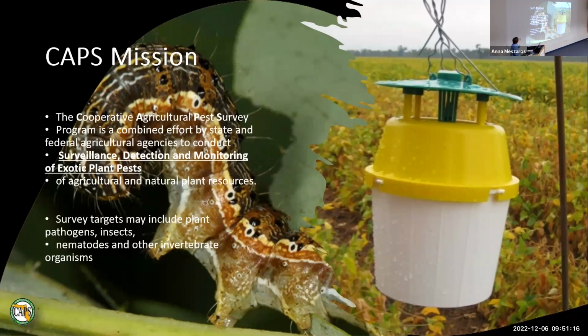Okay, CAPS mission, CAPS is a program that works in collaboration with the federal agency. So we have budget from the state and from the federal side. Basically, the surveillance, detection, and monitoring of exotic plants, that's our mission in all the state.